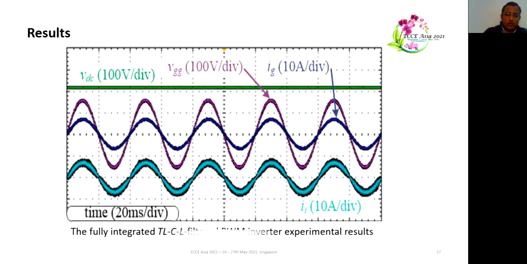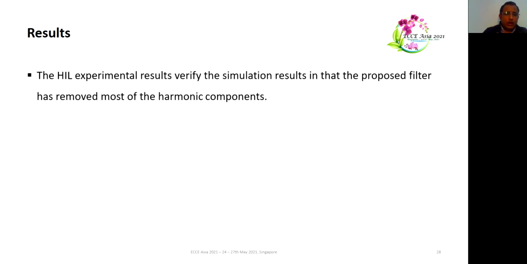Here are the experimental results. As we see, this is the grid side current, inverter side current, grid voltage, DC link voltage. The hardware-in-the-loop experimental results verify the simulation results in that the proposed filter has removed most of the harmonic components.